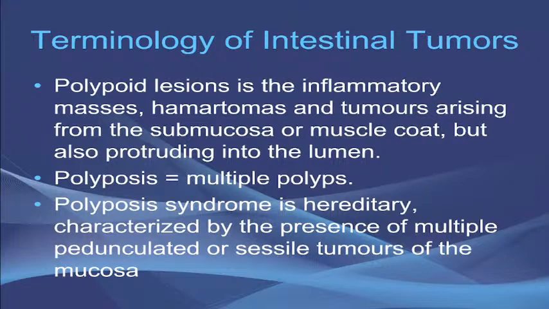When you have many polyps, we refer to the condition as polyposis. Polyposis syndromes can be hereditary. They are characterized by the presence of multiple pedunculated or sessile tumors of the mucosa, such as familial polyposis coli. Okay.